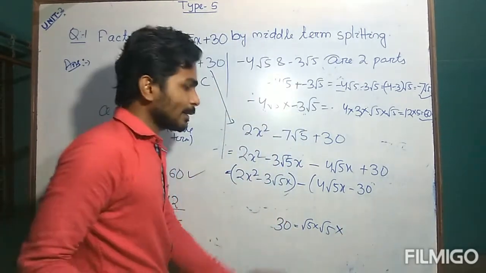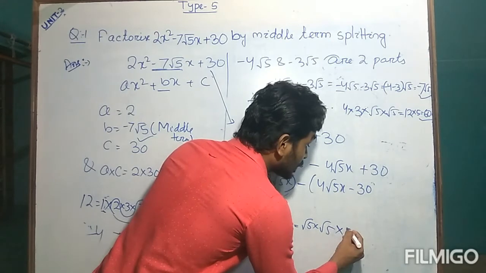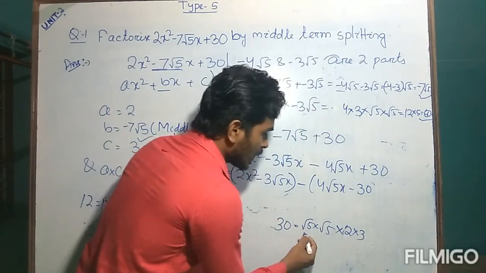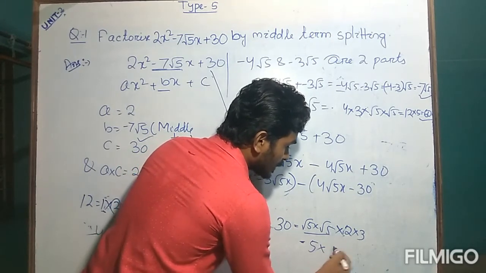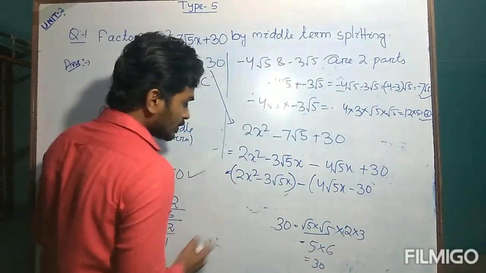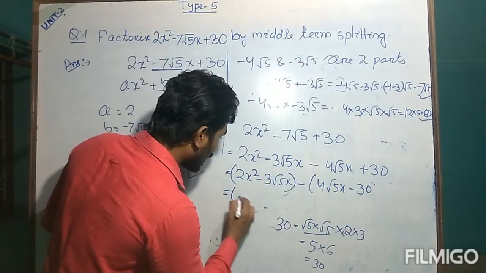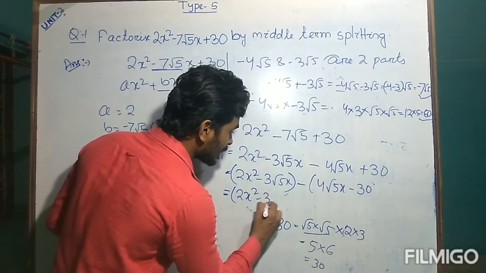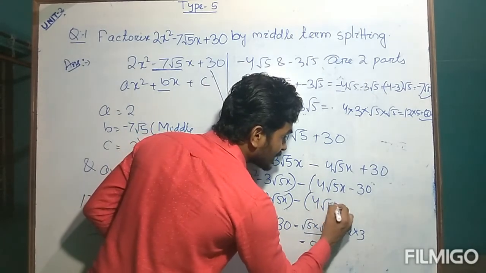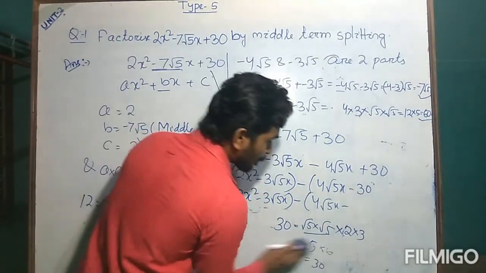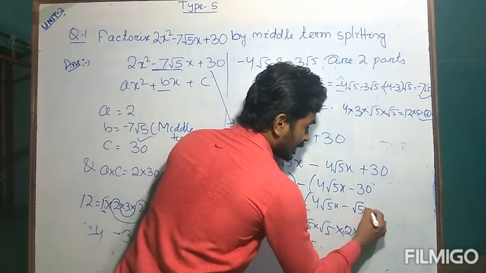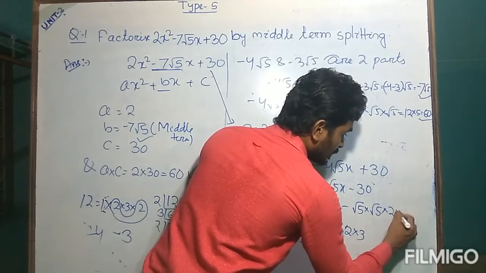And what next? 5 into 6, or you can say 5 into 2 into 3, because root 5 times root 5 is 5, 2 times 3 is 6, hence you get 30. That means in the second part, I can write 2x square minus 3 root 5 x minus 4 root 5 x minus, in the place of 30, root 5 into root 5 into 2 into 3.